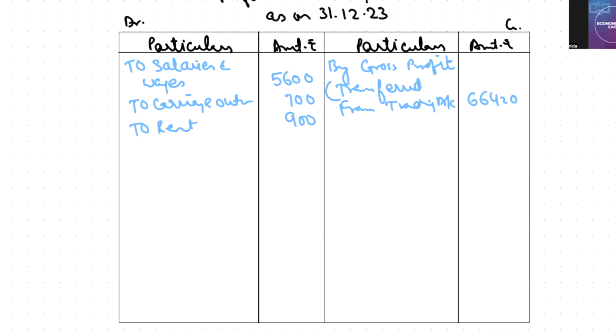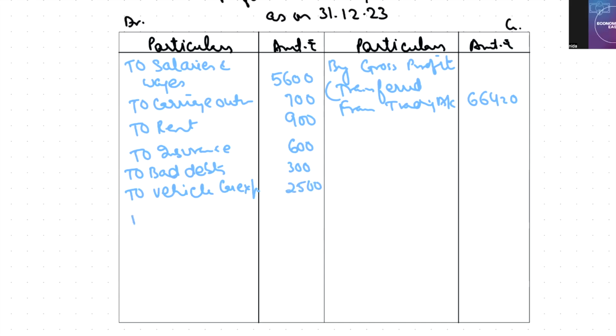To rent, to insurance, bad debts, again it's a loss. Then to vehicle, car expenses 2,500.